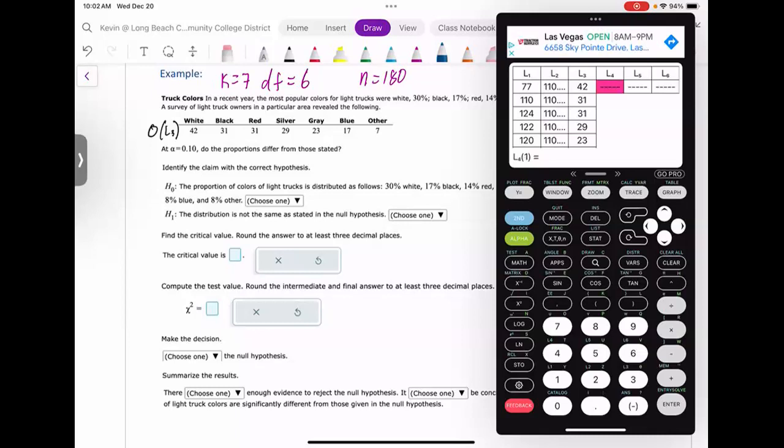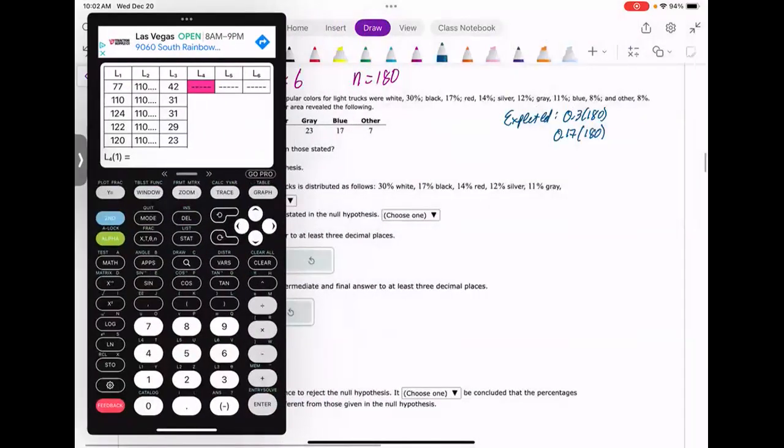For our expected, here's what I'm going to do. I'm going to directly type in 0.3 times 180. Then I'm going to go 0.17 times 180. And you'll notice I'm doing the computation directly into the list. You don't have to, you can do it separately and write it out, that's fine.